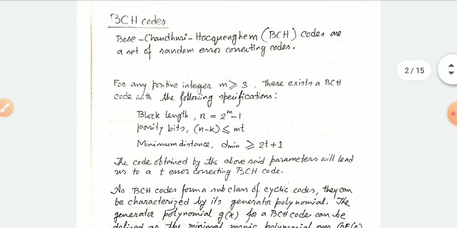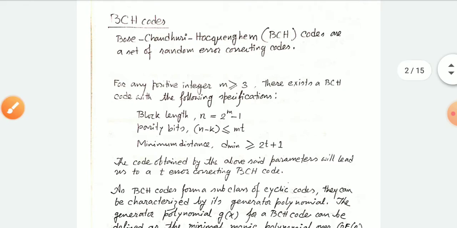Now we are considering the BCH code, which is required here for the previous section, and for this reason we initially talked about L, that is the burst length. Now we are considering a special kind of code, that is the BCH code.